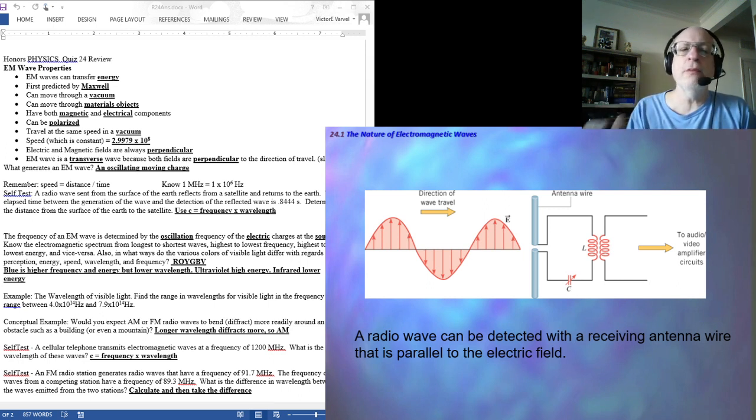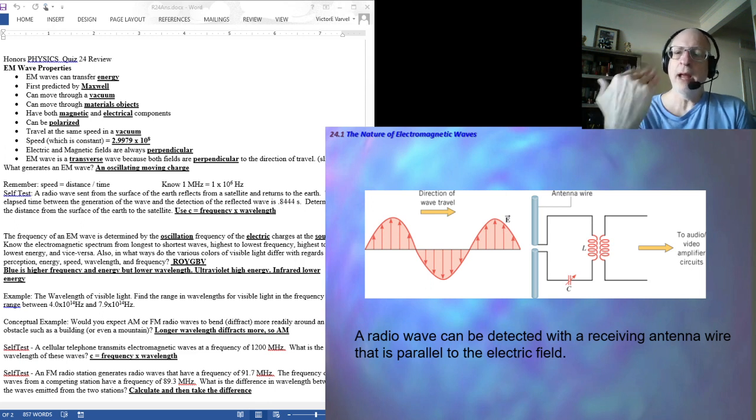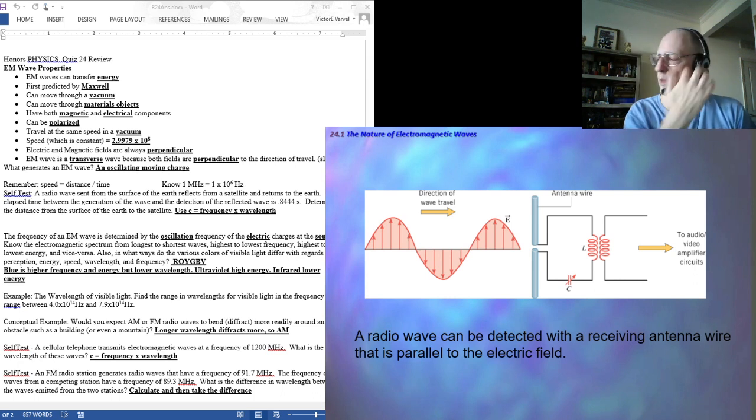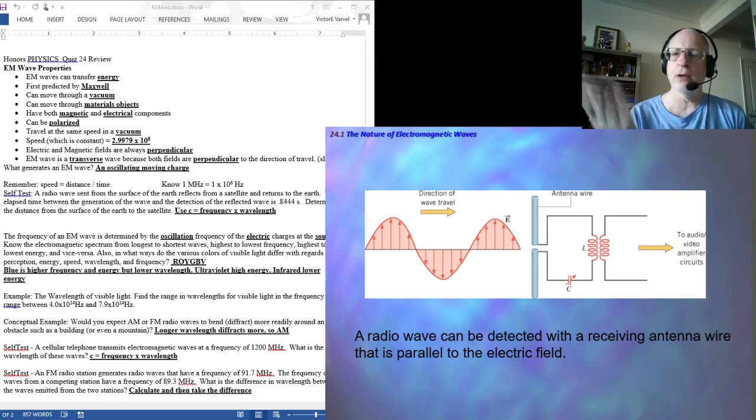There's a lot more to this, but I just want you to understand that for radio waves, the antenna is only going to pick up the maximum amplitude of a wave that is parallel to it. If a wave is completely perpendicular to it, it gets 0% of the field because it's only velocity in the correct direction that matters. And anything that's at another angle, it's only the parallel component that matters.